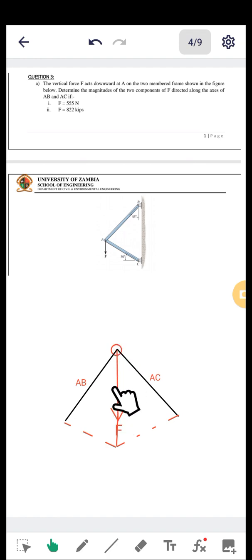It is pointing vertically downward, so it's more like in the y-axis. The angle here is 45, as you can see from there. Since if we consider this line and this line, they are the same, the angle here is 45.